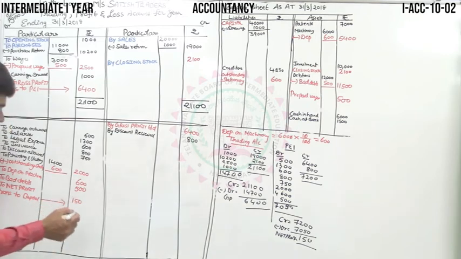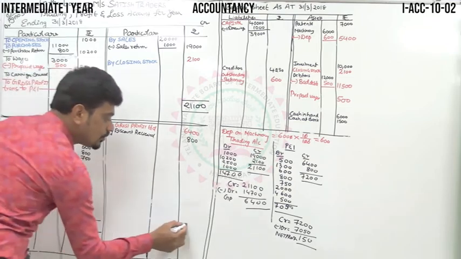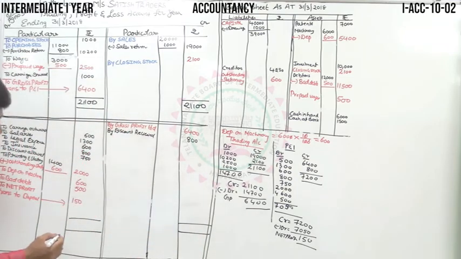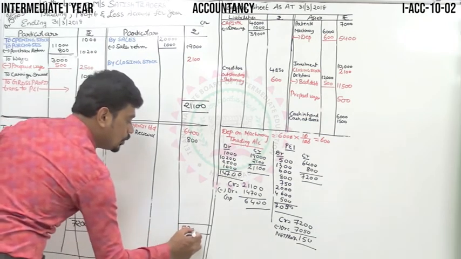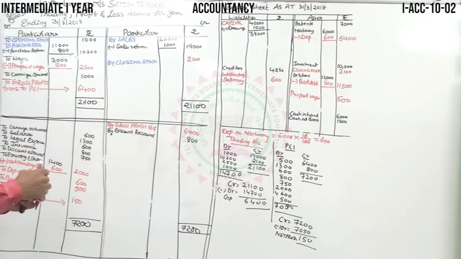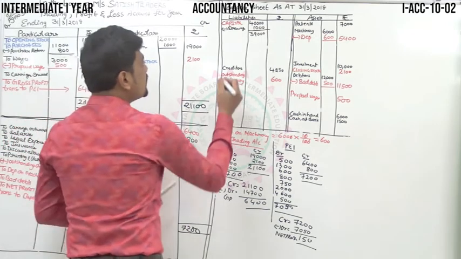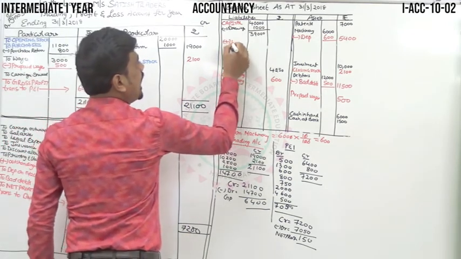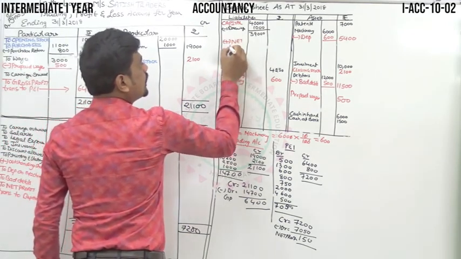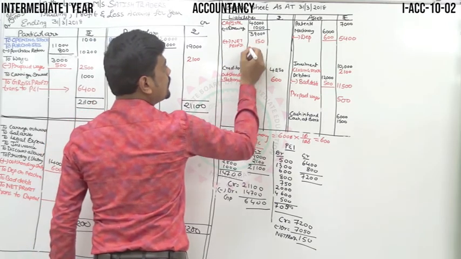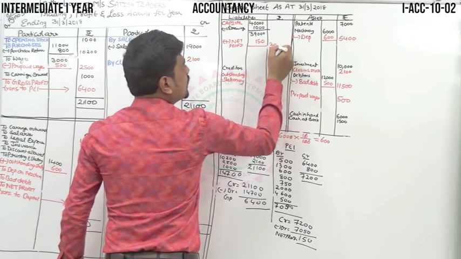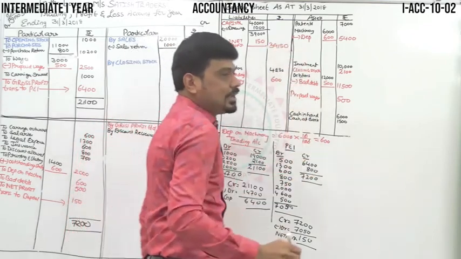Then close the account with 7,200 on both the sides. Now again this net profit will add to capital. So add net profit 150. If you add 39,150.